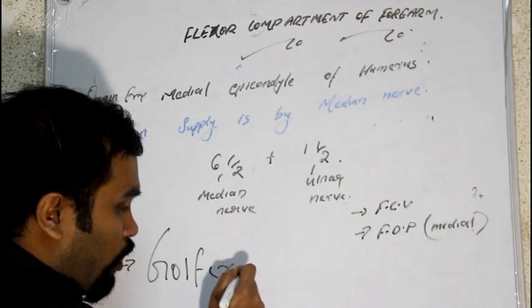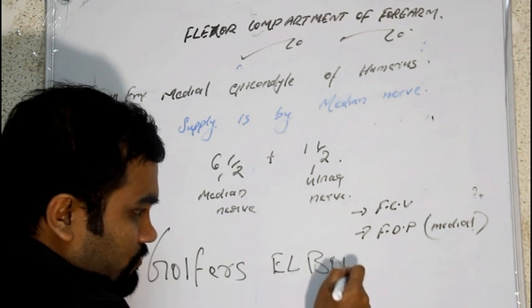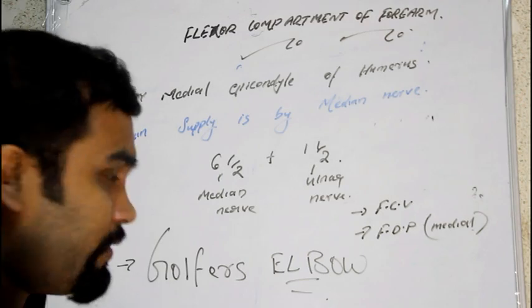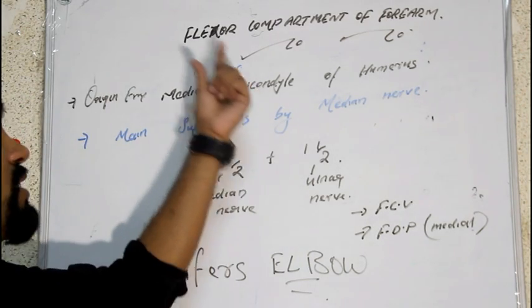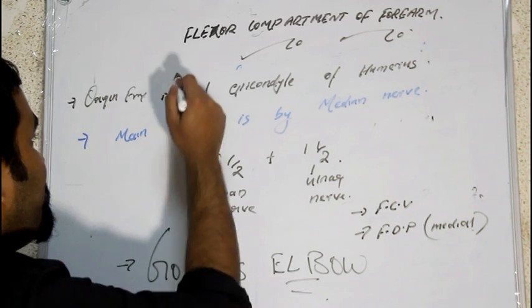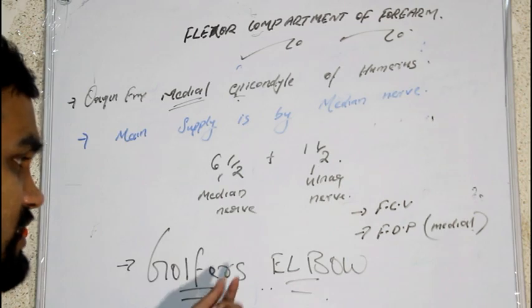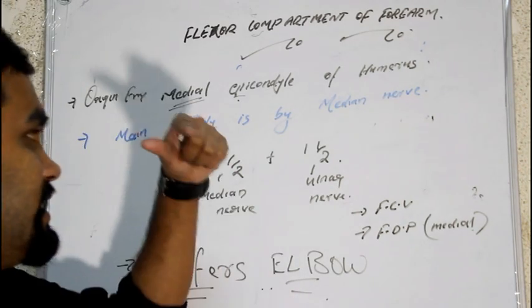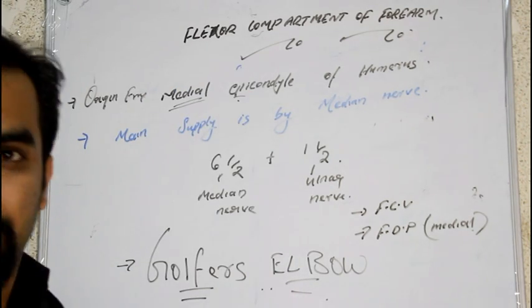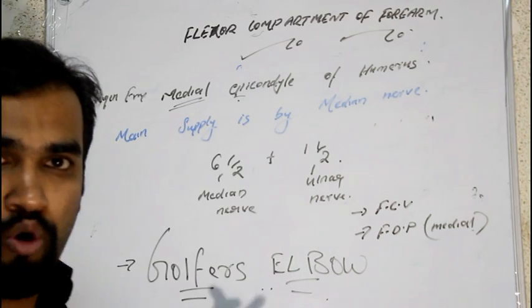You know the game golf, right? They can't flex properly. Keep in mind the nerve supply, the origin and the muscles. So these are mainly about the flexor compartment of forearm.